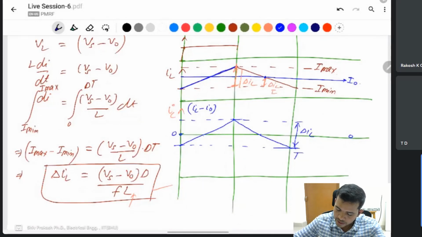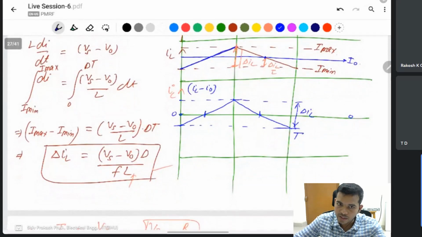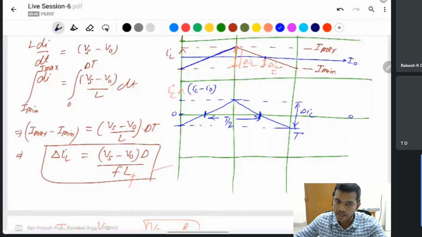Then the total time period is T. Half of the time period is above, and half of the time period is the downside, the discharge. Taking T by 2, the remaining is negative, so the average current will be 0.